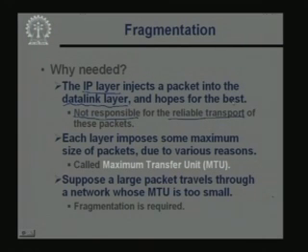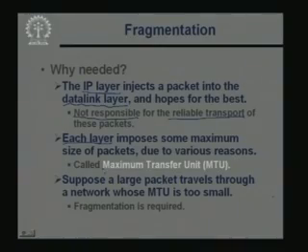This is important, and moreover, each layer will impose some maximum size of the packets that can flow through. For example, if your underlying network is Ethernet, Ethernet has a maximum packet size of about 1600 bytes. So, a packet cannot be more than that value if it has to be transported over an Ethernet network.